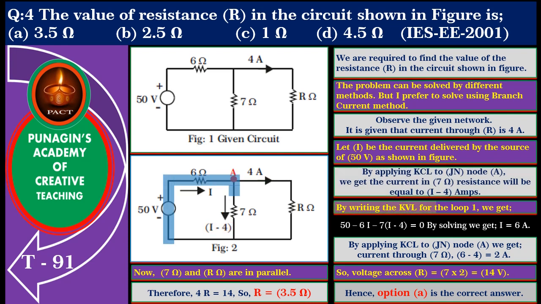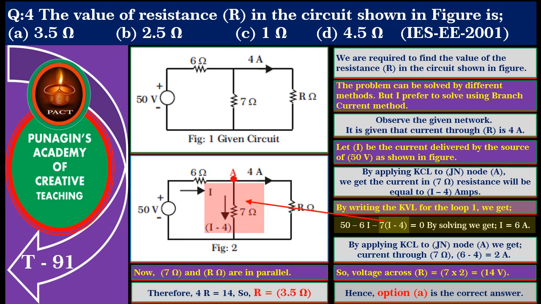By writing the KVL for the loop 1, we get 50 minus 6I minus 7 into (I minus 4) is equal to 0. By solving this simple equation, we get I is equal to 6 amperes. By applying KCL to junction node A, we get current through 7 ohm is equal to 2 amperes.